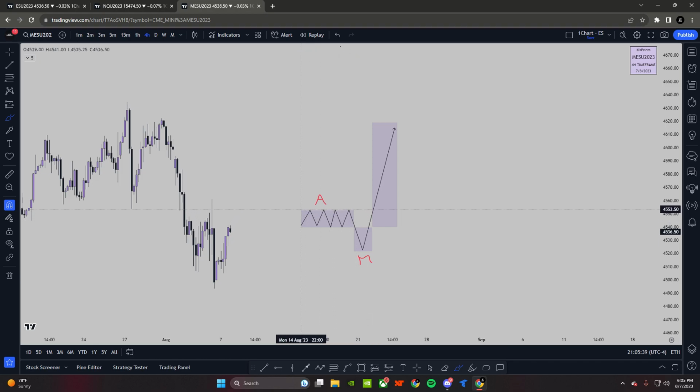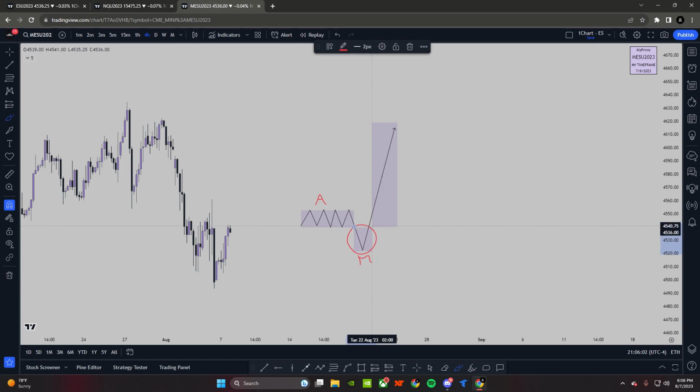So finding this, it can be anywhere. Manipulation part, this is also discretionary. And finding this manipulation will basically give you your bias, especially on the higher time frames, but it will also give you your entry.